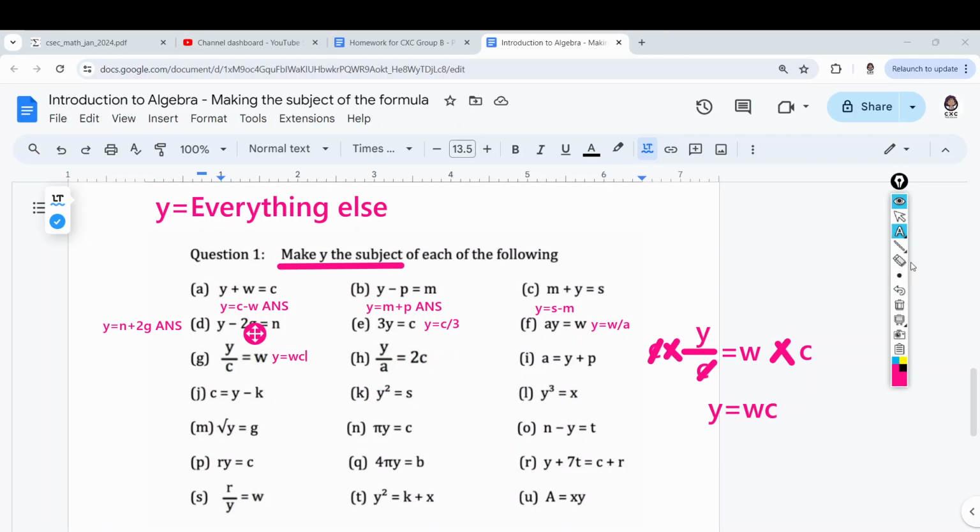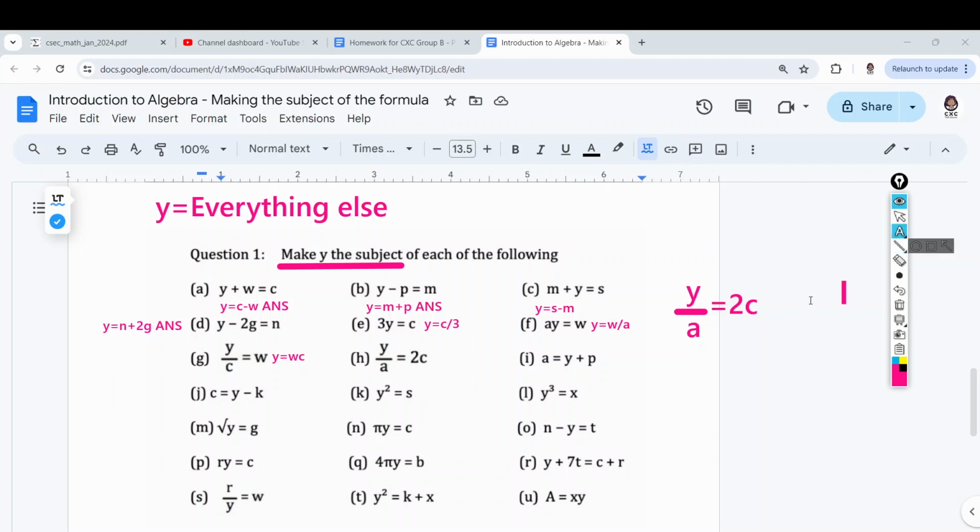Alright, number H is a bit similar, guys. It's almost the same. We'll have Y over A is equal to 2C. And we need to get rid of the A down the bottom. We can't have that A down the bottom, guys.